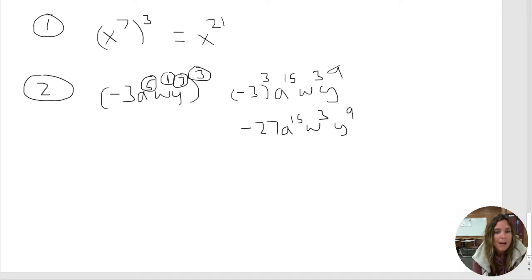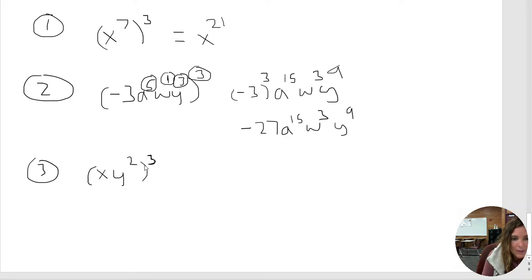Okay, on the next one, number 3, you had x times y to the 2nd raised to the 3rd, and then you had x to the 4th, y, and then those were raised to the 3rd.